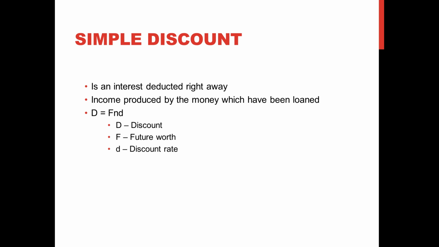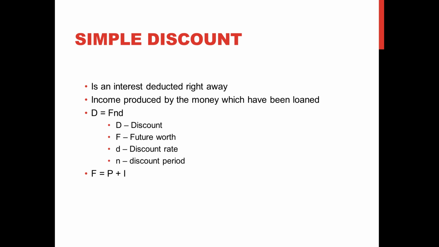When we talk of the multiplier to that of the given, say the future worth, and then N here, the multiplier is the discount rate, while the multiplier on the interest is I, or the interest rate. By and by we will introduce to you a relationship between the discount rate and the interest rate. And of course, N will remain to be the discount period.